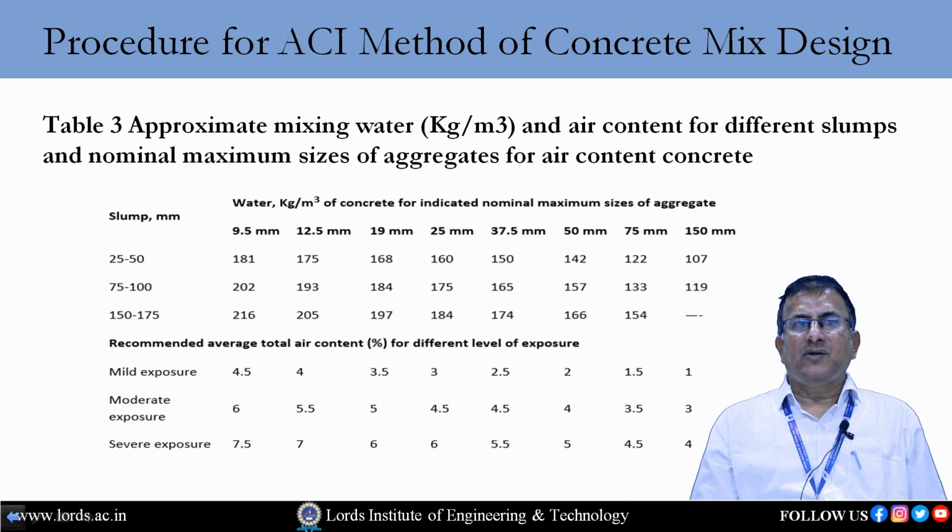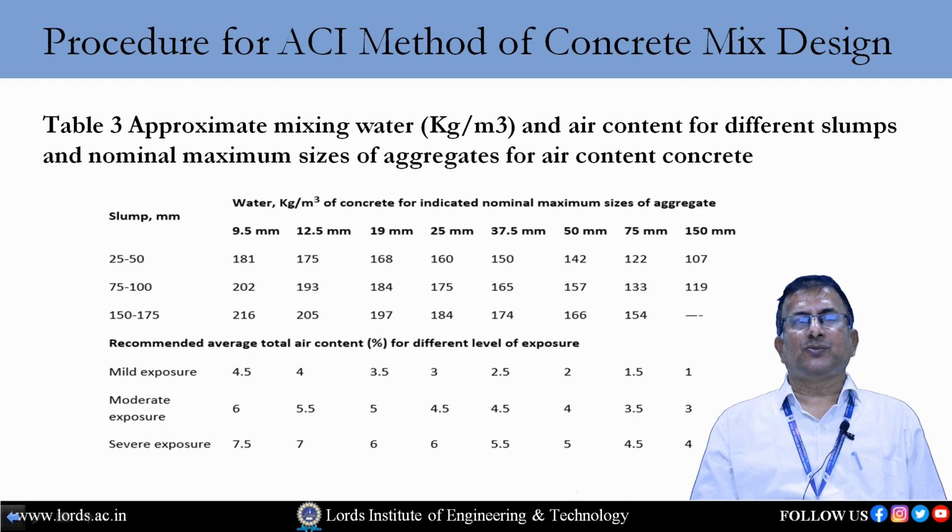Come to the average total air content for different levels of exposure. For mild exposure, if the size of the aggregate is 9.5 mm, the amount of air content that we should consider is 4.5%. If it is a moderate exposure and the size of the aggregate is 19 mm or 20 mm, the percentage of air content that we should take for the design by ACI method is 5%.